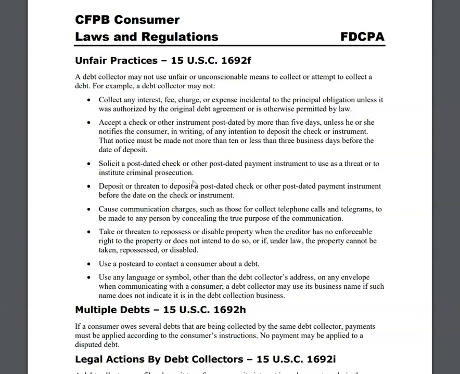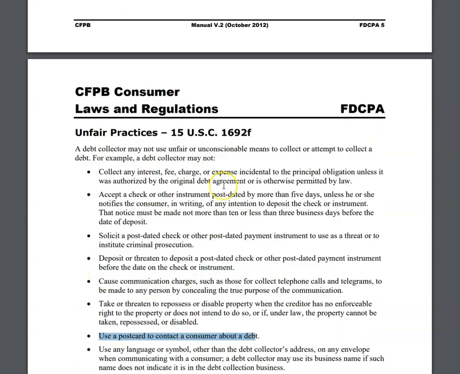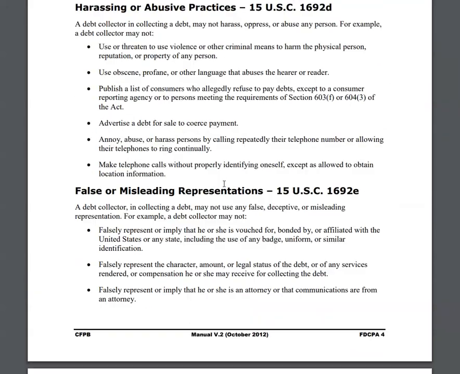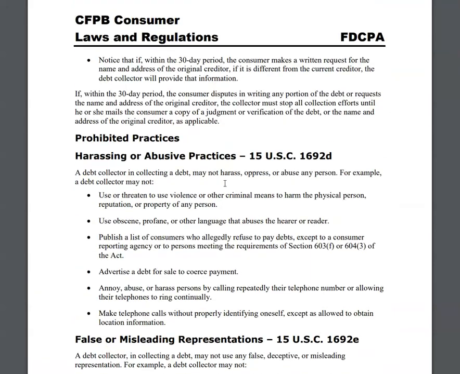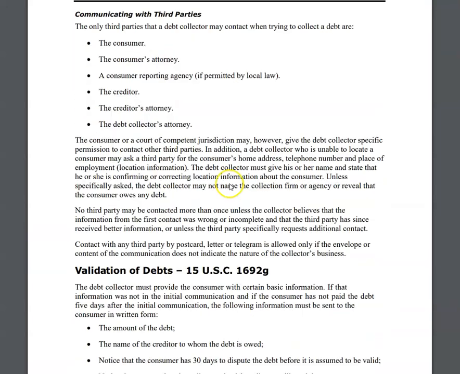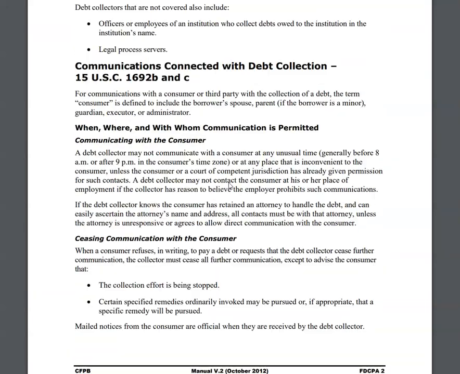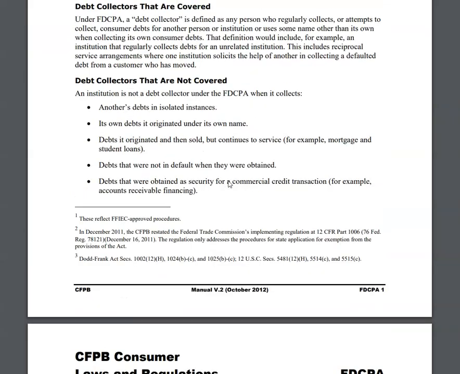We see that with the vehicles now, where they disable the vehicles. Use a postcard to contact the consumer about a debt. We just talked about that where it's kind of confusing because you see that we had that line right here, and then up here they had talked about using a postcard.